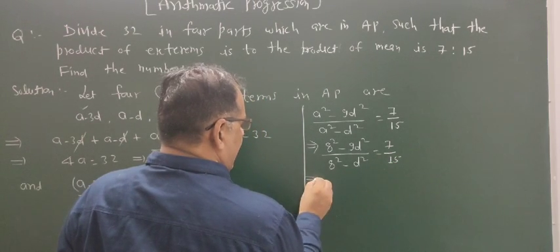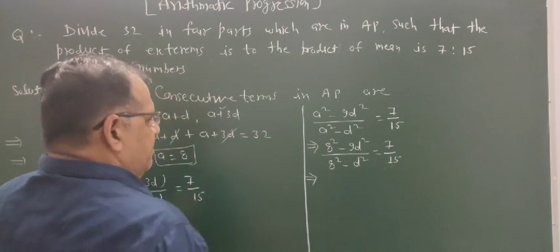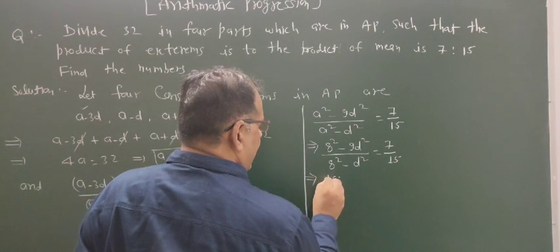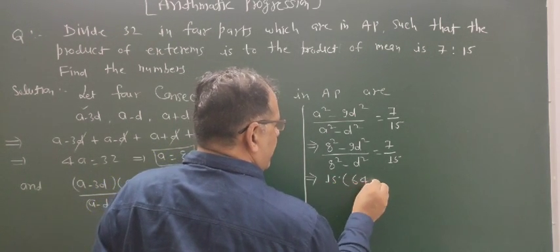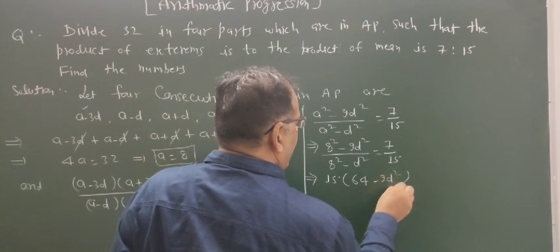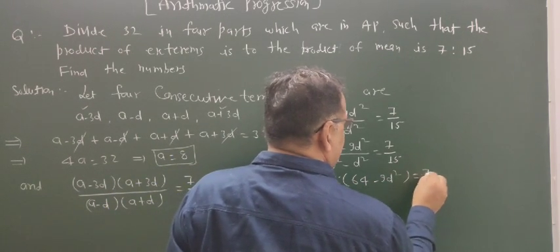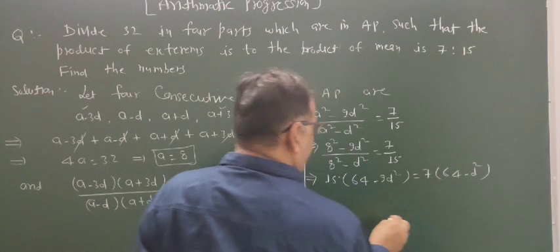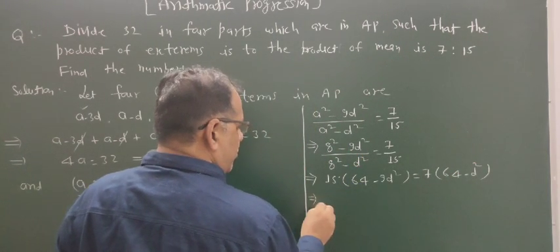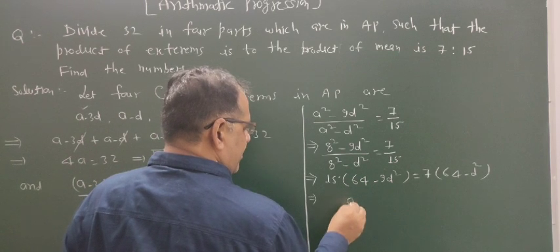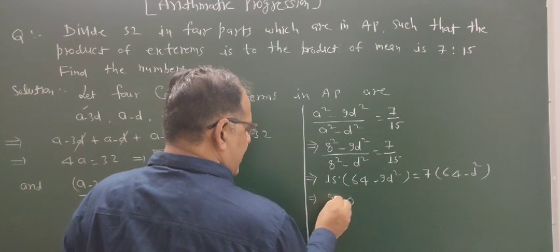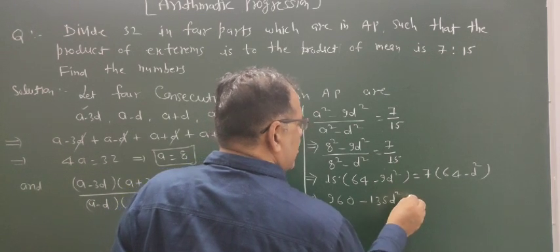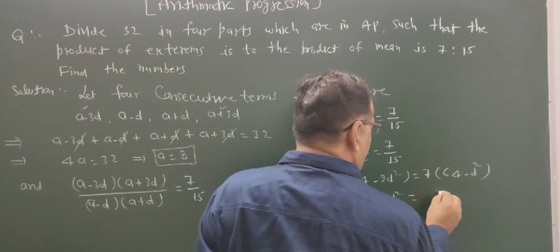Now cross multiply. So we have 15 into 64 minus 9d square equal to 7 into 64 minus d square.